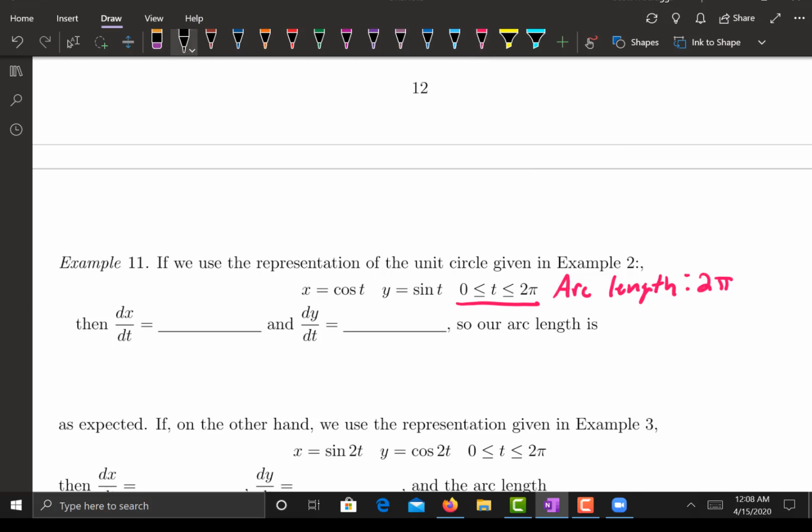The derivative of the function with x is negative sine of t, and the derivative of the function with y is cosine of t.